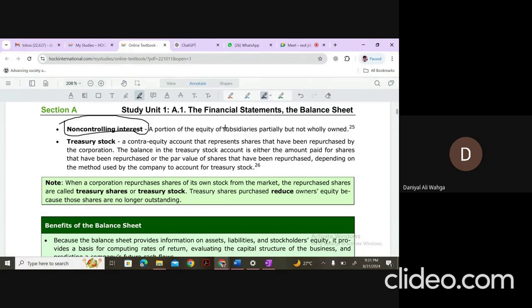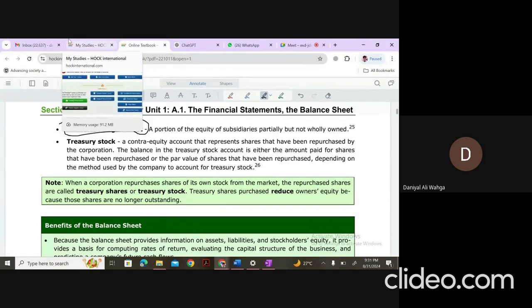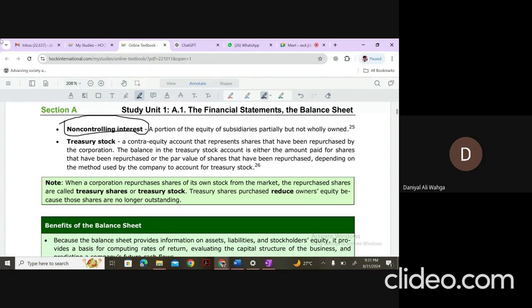A portion of equity of subsidiaries partially but not wholly owned is included in those consolidated financial statements where the parent company has a controlling interest but does not own the whole company, does not have 100% ownership of that company. It has a controlling interest, particularly more than 50%. So the remaining 40%, 30%, or 45% is represented as a part of the non-controlling interest.